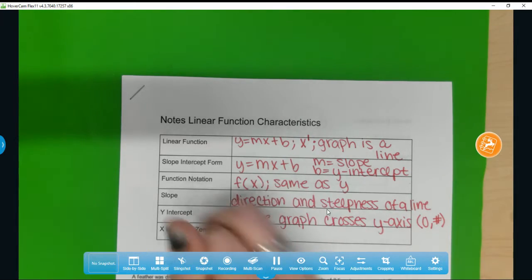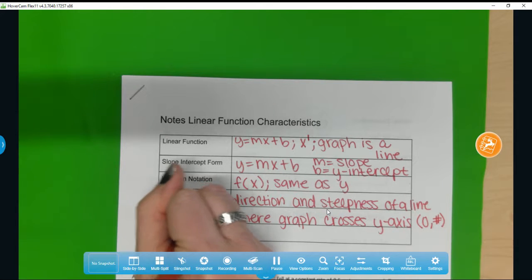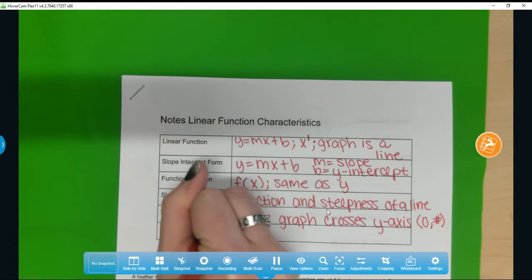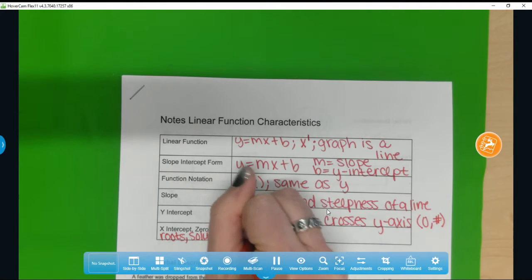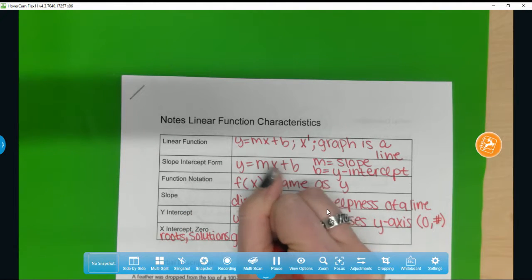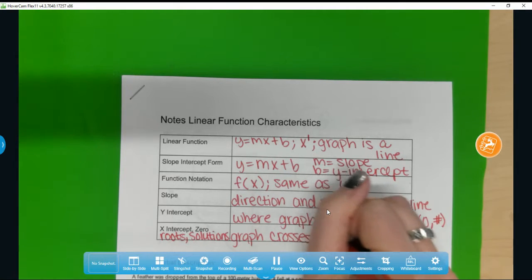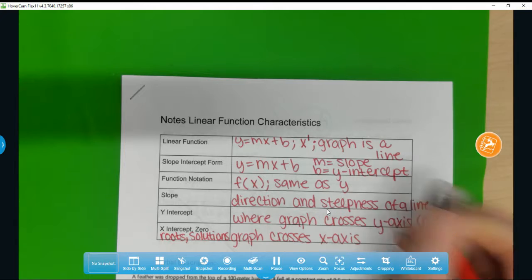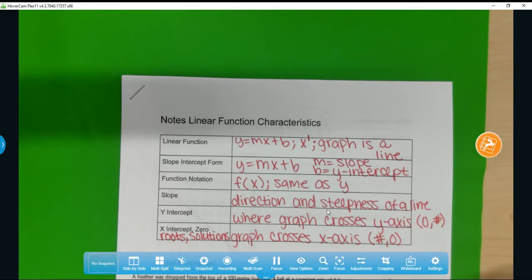The x-intercept, sometimes they're called roots, solutions. It's where your graph crosses the x-axis, and it's always a number in the x spot and 0 in the y spot.